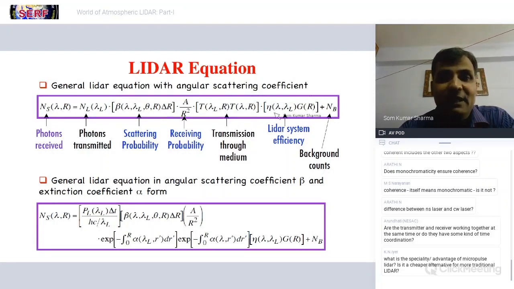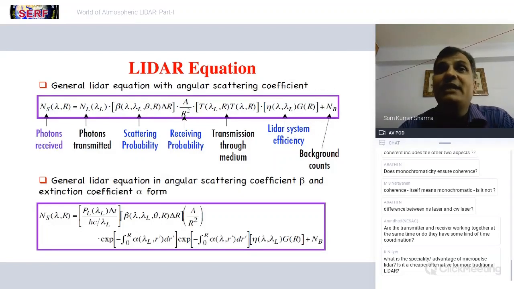Another very important term depends upon the system, how efficient your system is. Efficiency means the different receiving components and optical components have their efficiency.